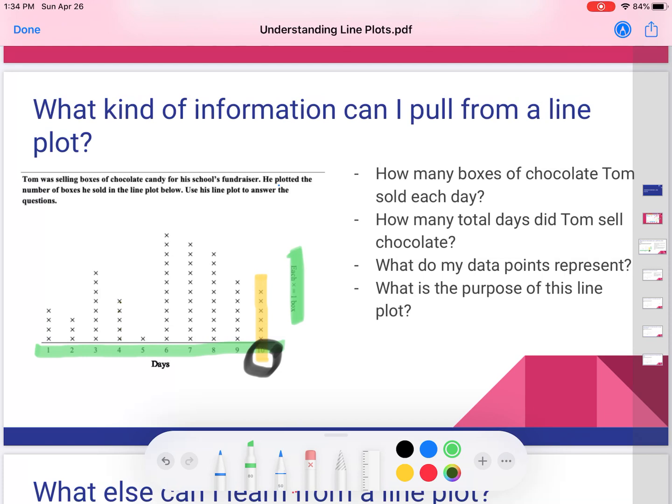If you guessed your key, you're totally right. Our key told us that each X or each data point represented one box. Could you have looked somewhere else? Yeah, you could have. You could have looked at your description where it told us that he plotted the number of boxes he sold in the line plot below.